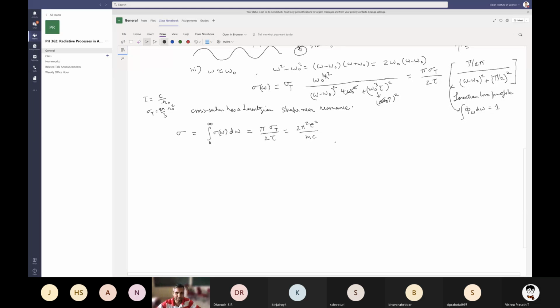We can also define phi in terms of nu. So phi nu d nu, if you have frequency rather than angular frequency, that should actually be 1. So if we do that, let's see what happens. Phi nu should be gamma by 2 pi over nu minus nu naught squared plus gamma.